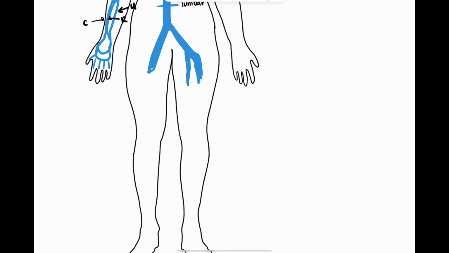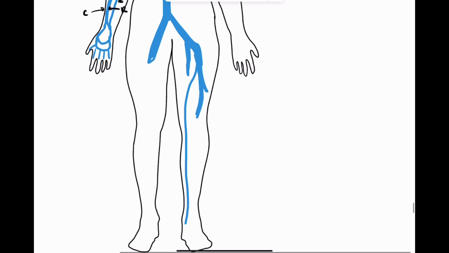So we have our femoral vein, and then going down the medial aspect of the leg, we have our great saphenous vein. So that's our great saphenous. And this is our femoral. The femoral does have a little break off of the deep femoral. So I'll put that right there as the deep femoral.